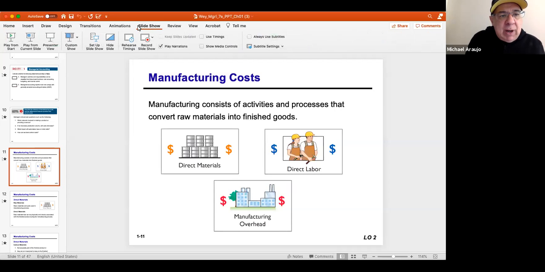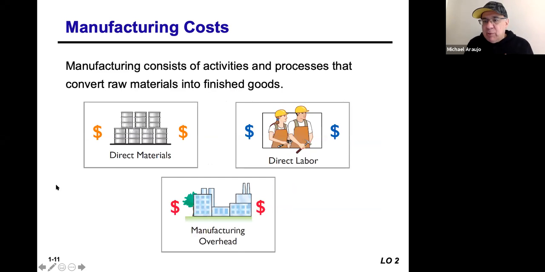Okay, so let's go ahead and make sure that we remember back from learning objective 2 that there were a few different things about managerial accounting. One is its emphasis and focus on manufacturing. Manufacturers create, design, and make products, so it's important to understand that.